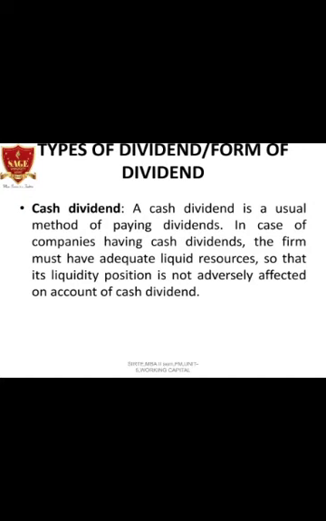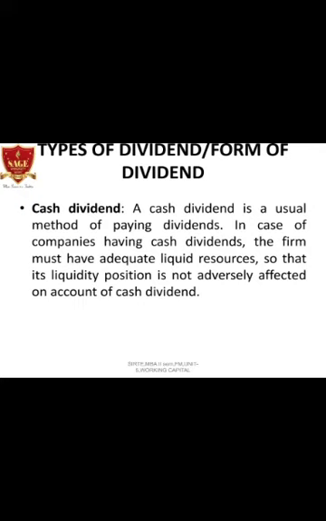Now, types of dividend, or forms of dividend. First is cash dividend. A cash dividend is a usual method of paying dividend. In the case of cash dividends, the firm must have adequate liquid resources so that its liquidity position is not adversely affected by paying the cash.